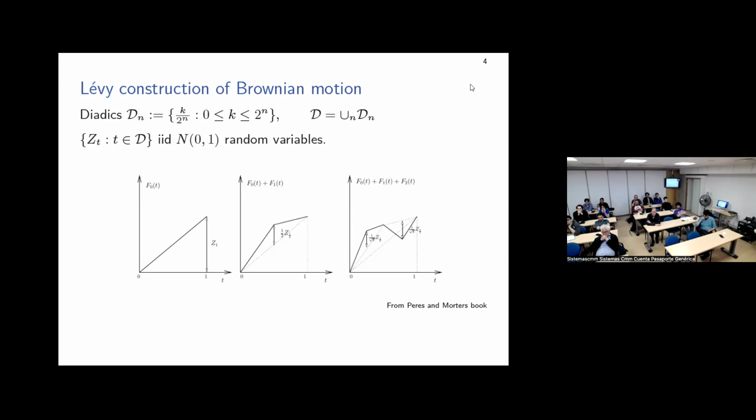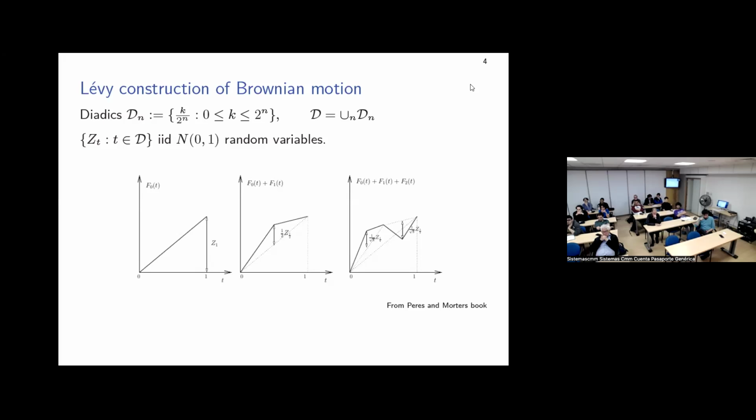You take 1 over square root of 8, I guess, and these two variables, and then you have this third function that will be this minus the previous one. So here you have the sum of these three random variables.